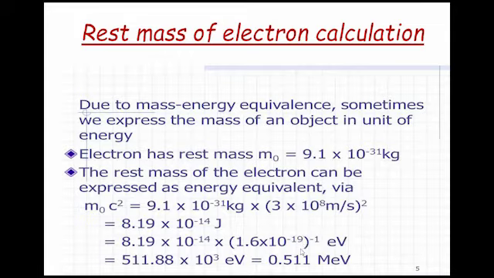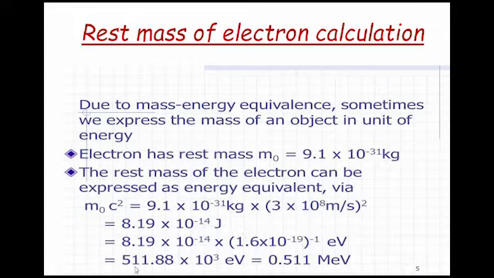In order to convert this electron volt into MeV, we have to divide it by 10 raised to 6, or we can divide the joule value by 1.6 into 10 raised to minus 13. Okay, that we did in the previous slide.